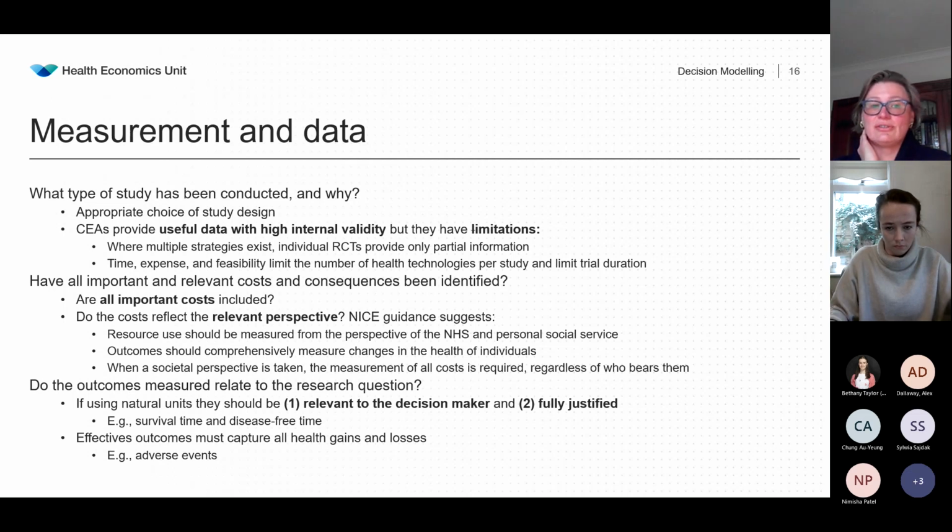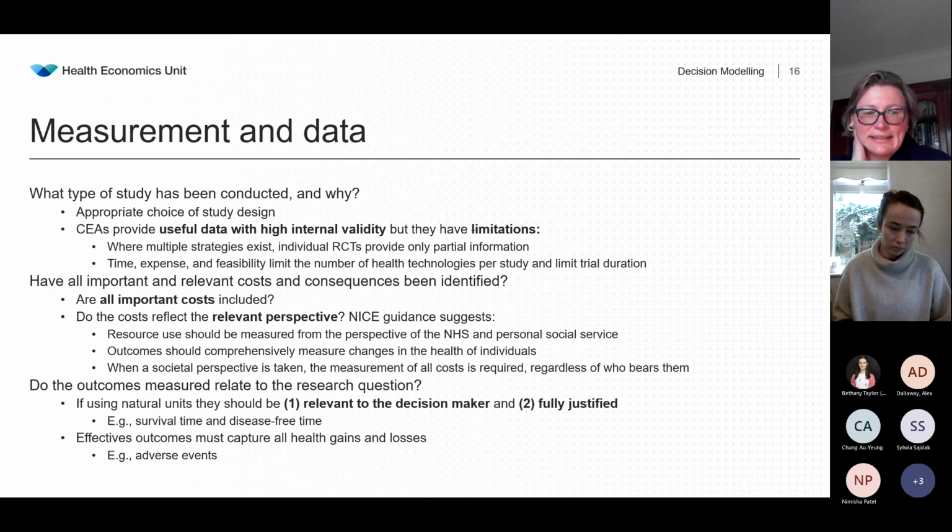Economic evaluation should have useful data with high internal validity. That can, of course, have an implication that it would have low external validity. So if we were to take the results from one setting, how transferable are they? How confident can we be that the same results would apply in another setting?